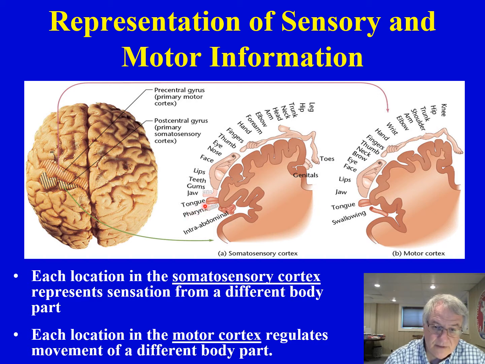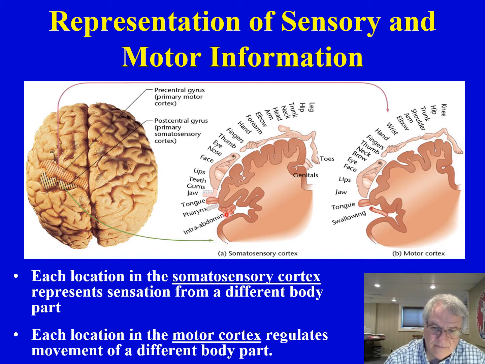Here, the pharynx, the tongue, the jaw, the gums, teeth, lips. Look at this representation that you see here. And this is coming right from this area right here. Here's where information from the toes is being mediated.